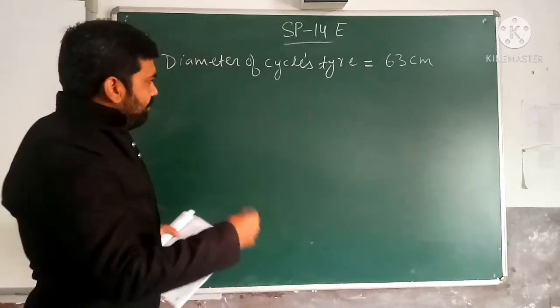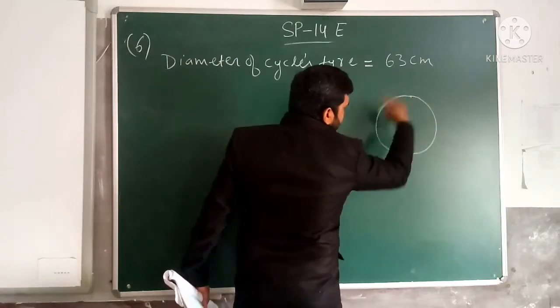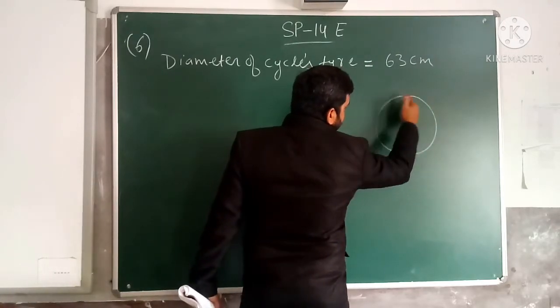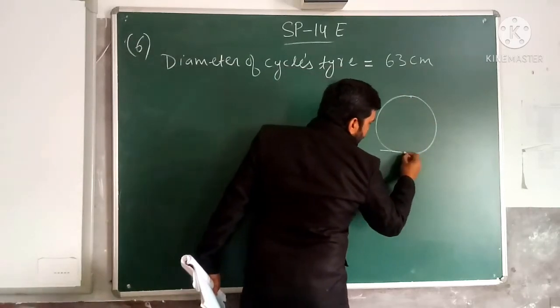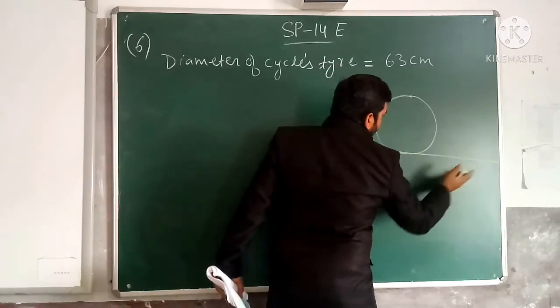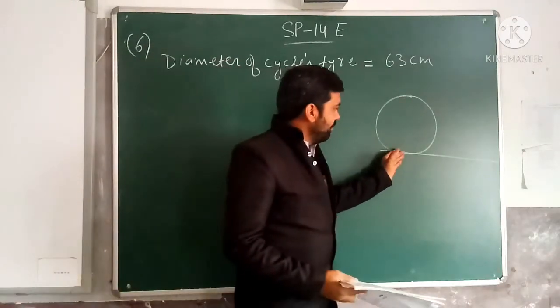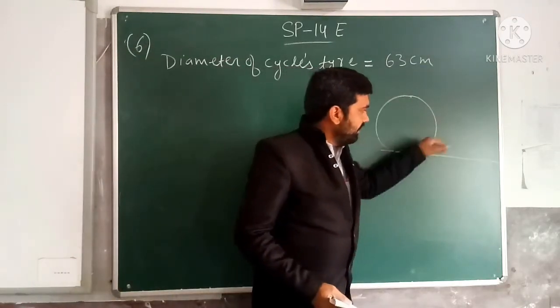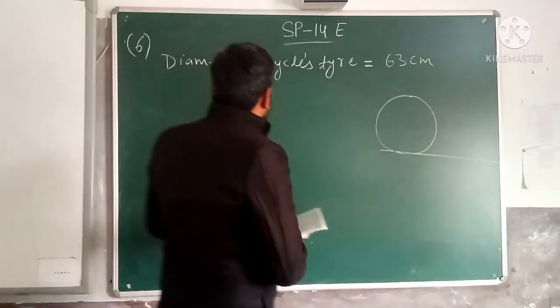So in one complete revolution, when this wheel moves, it will cover a distance equal to its boundary. When it moves on the road, it will cover a length on the road equal to its circumference only. The circle will cover on the road its boundary length, which is the circumference.